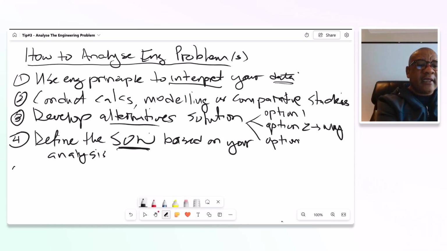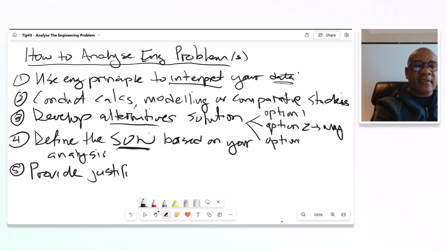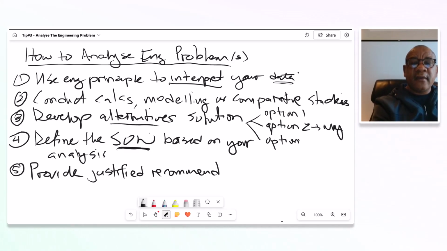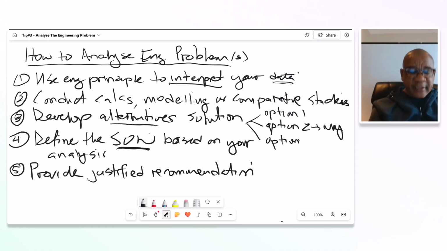All right, and then the fifth thing here, you need to provide justified recommendations. We need to provide justified recommendations with reasoning, of course.